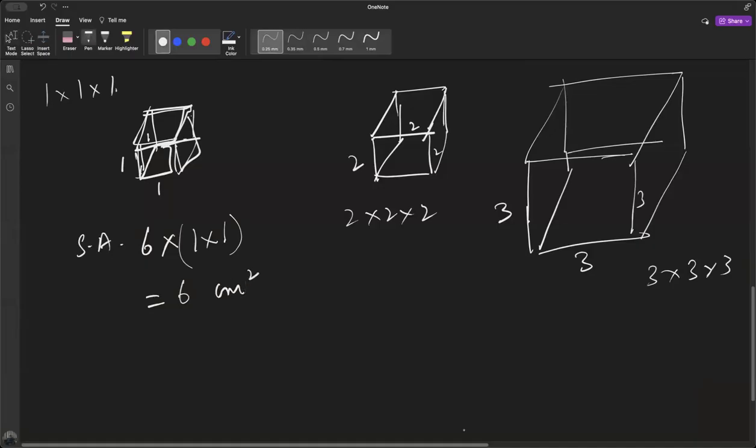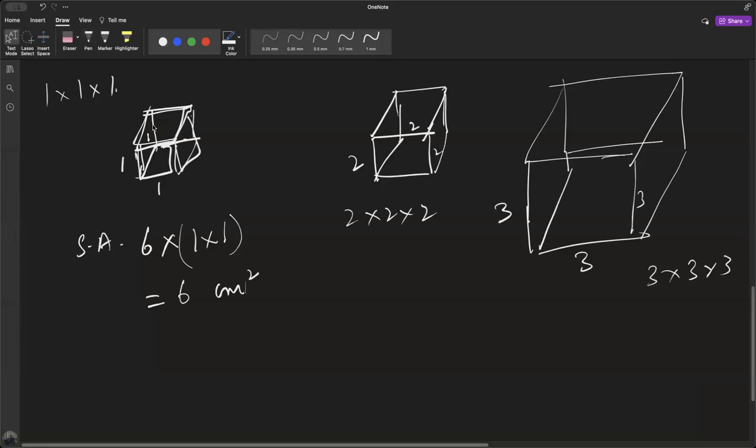Is this making sense? How do we find out surface area? The area of each surface. How many surfaces are there? There are 6 surfaces.